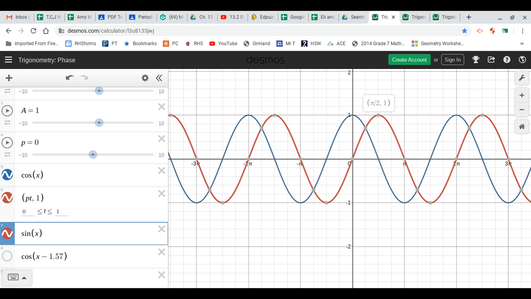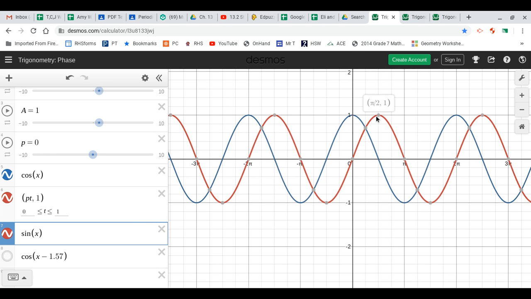Now, it turns out with phase shifting, to shift to the right, we need to subtract that value, pi over 2, off of the x value within the quantity of the function. And Desmos does not allow me to easily plug in pi, so we're going to have to go decimal form.